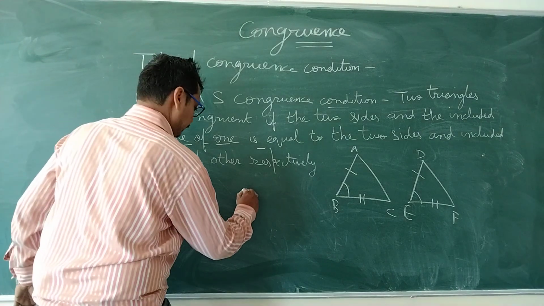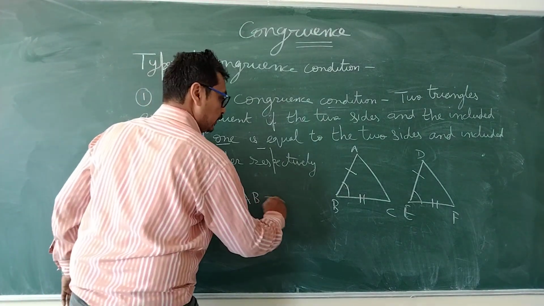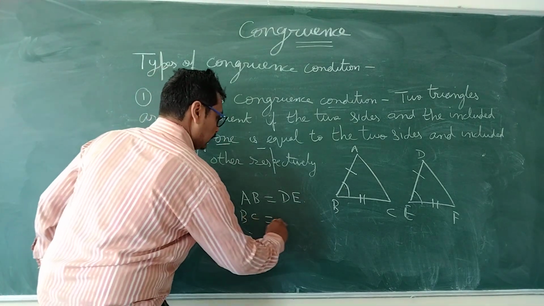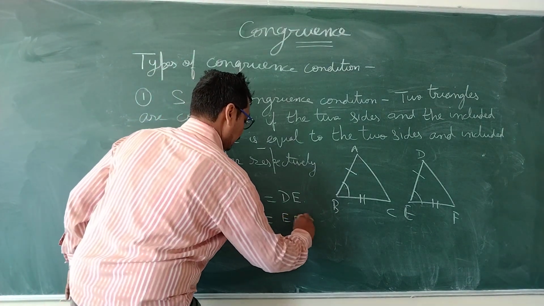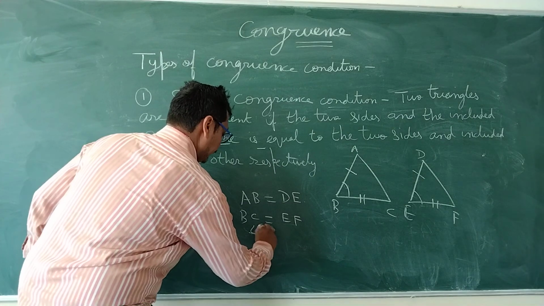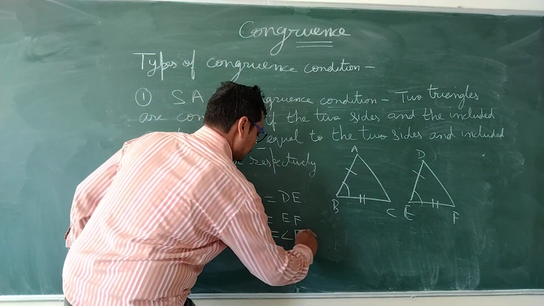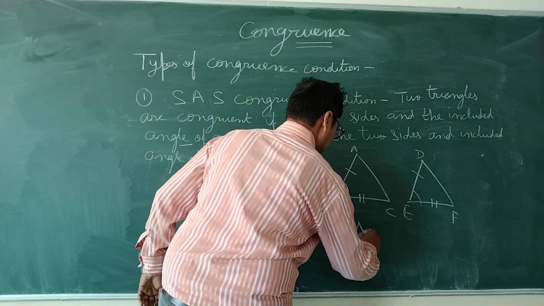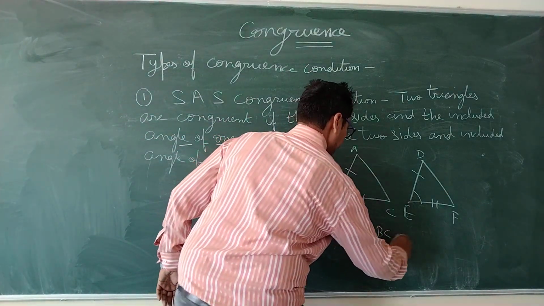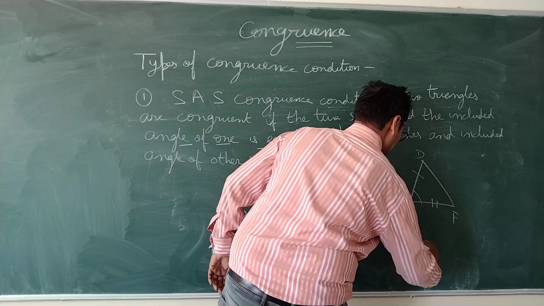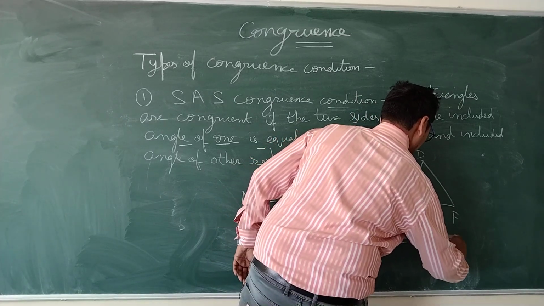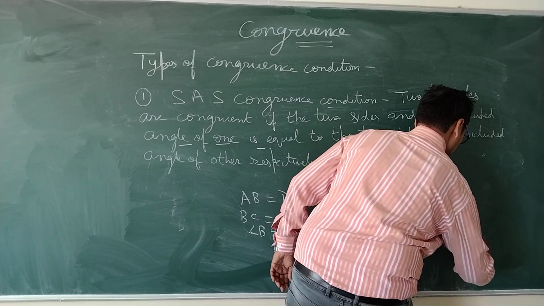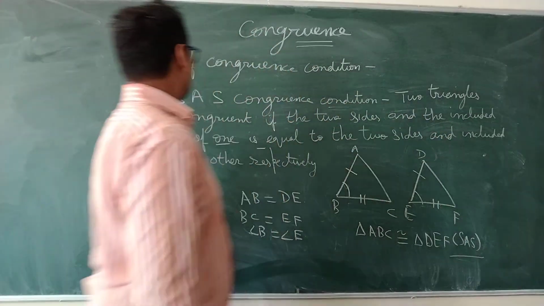Here we have AB equal to DE, BC equal to EF, and angle B equal to angle E. Then we can say triangle ABC is congruent to triangle DEF by SAS. This is SAS congruency.